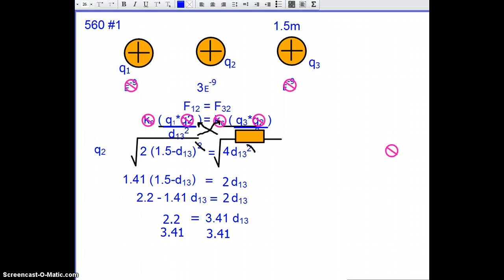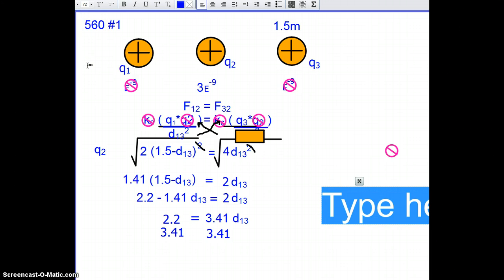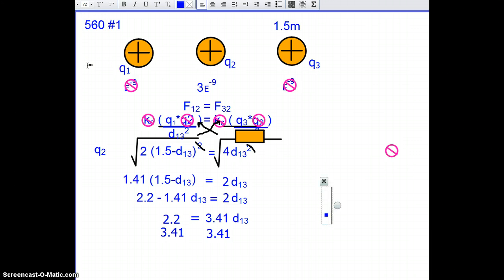And if your answer is magically, if you got that, then you're right. 0.65.